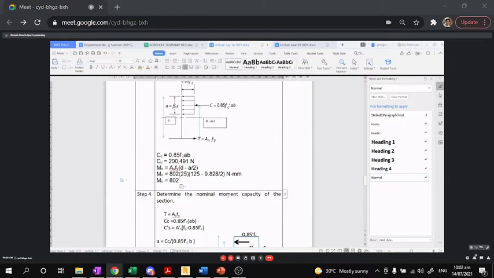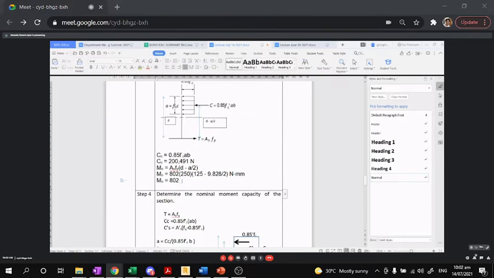So the unit is Newton-mm. So that is 120 mm times 802 times 250.